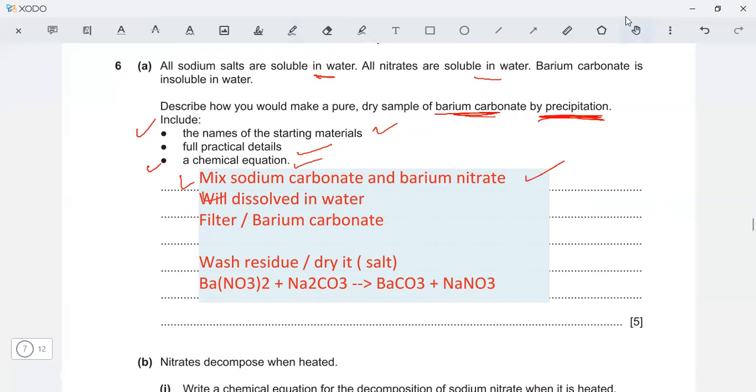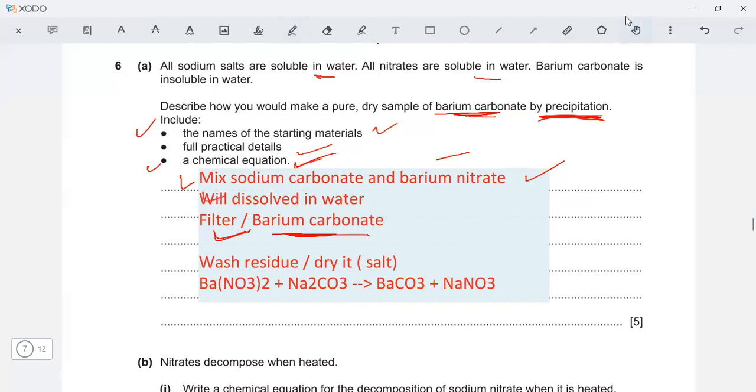After mixing, just filter it out. After mixing sodium carbonate and barium nitrate, obviously a chemical reaction takes place and barium carbonate is produced. That barium carbonate needs to be filtered out.